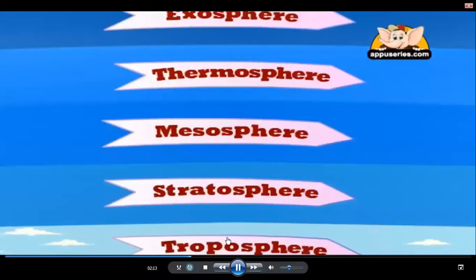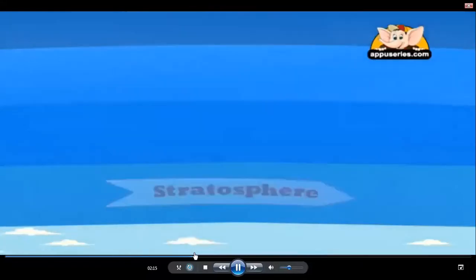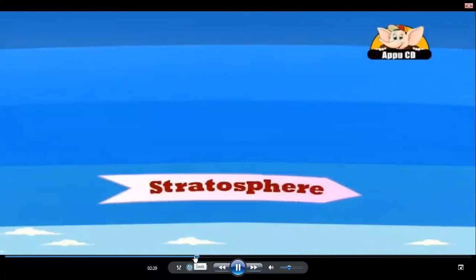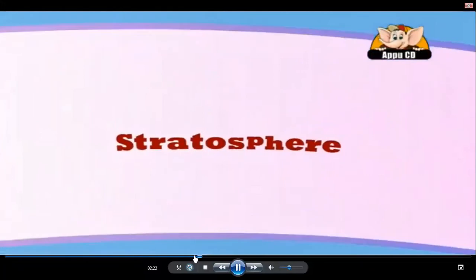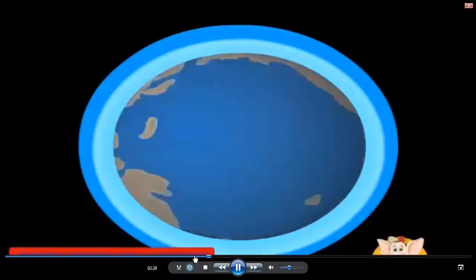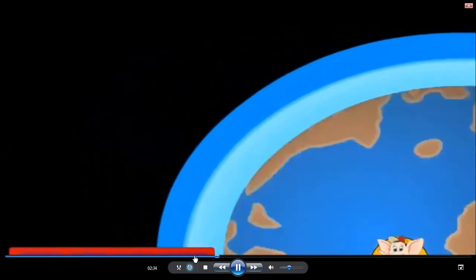The stratosphere starts just above the troposphere and extends to 50 kilometers, 31 miles high. Compared to the troposphere, this part of the atmosphere is dry and less dense.